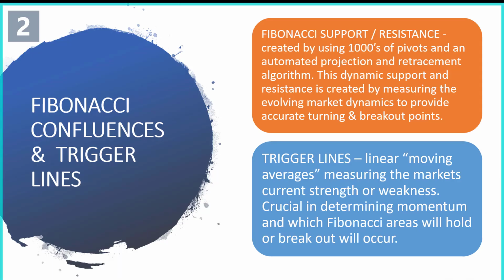First, two main indicators that we use that we've developed over time: Fibonacci confluence. And Fibonacci confluence itself has thousands of pivots involved in it.